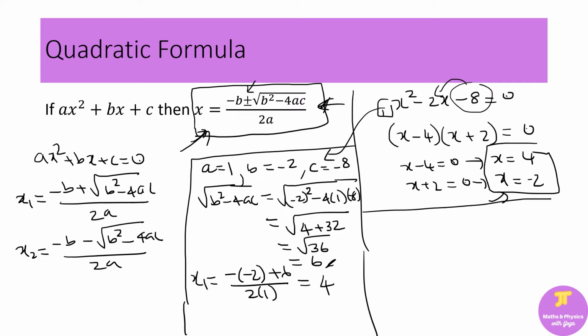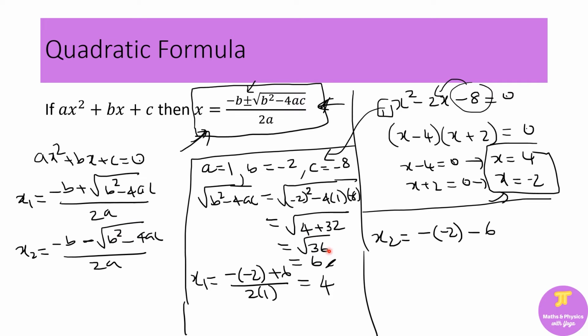And let's see if we get the same answer for x2. So x2 is minus b, so minus times minus 2. This time we are going to use minus here. So minus 6, where the 6 comes from this, right?